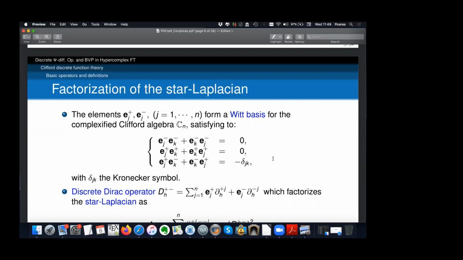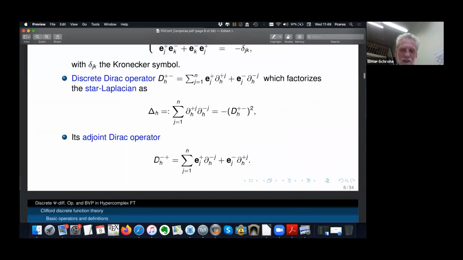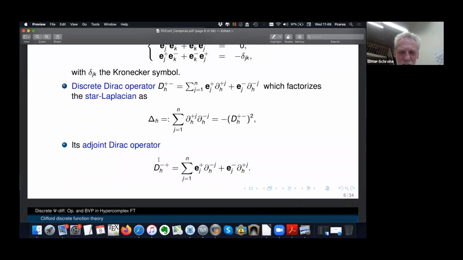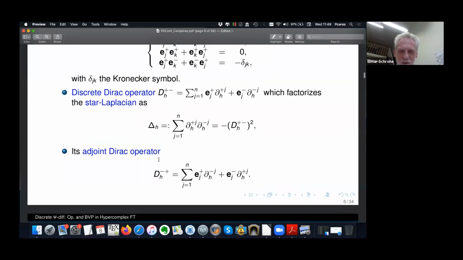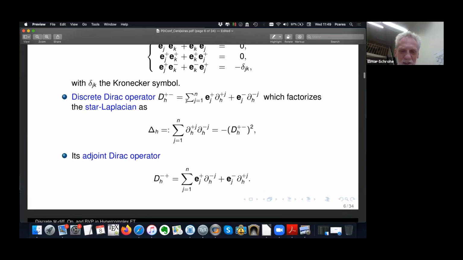Questions? I just have a simple question. Usually when you define the Dirac operator, the symbol is wedging with psi plus contraction with psi. So in your case, the symbol had only one component. Could you explain this? I'm not familiar with the calculus, so maybe there's a simple reason.